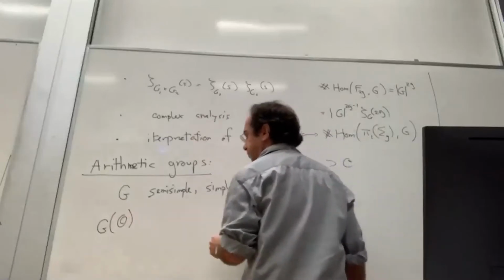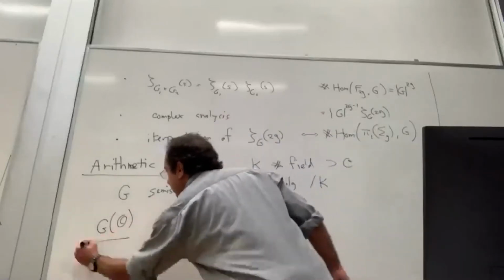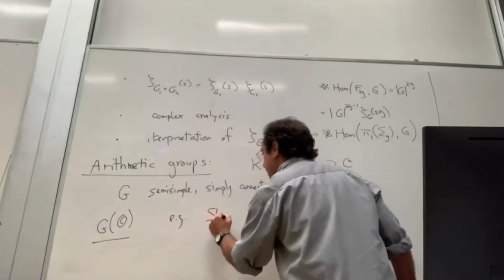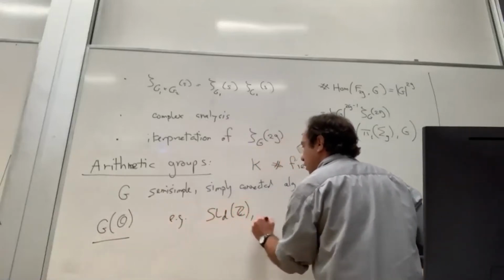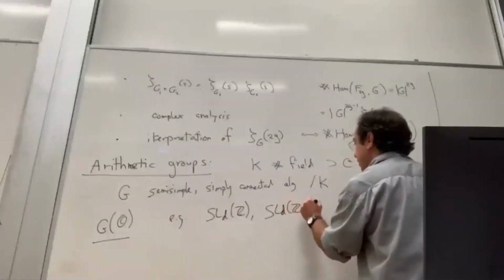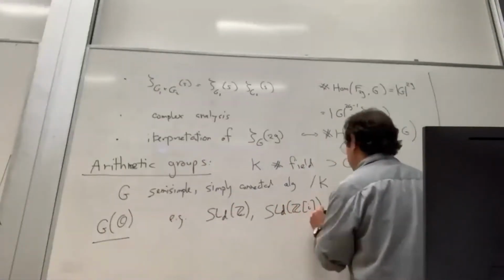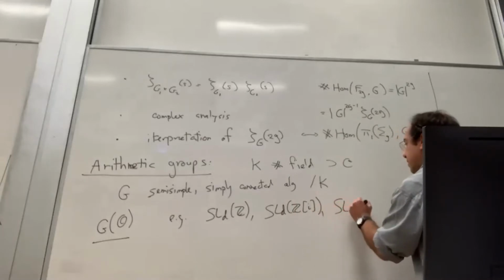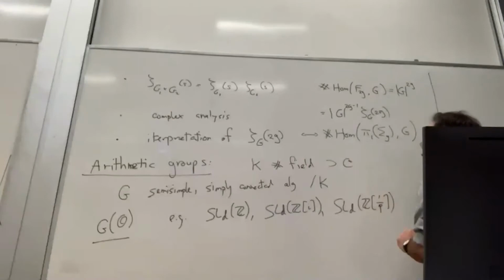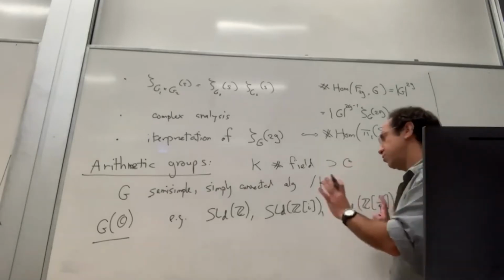So, for example, you can think about SL_d(Z), or say SL_d of Gaussian integers, or SL_d of Z where p is inverted. So this is what I mean by inverting certain primes. That's the freedom that we will allow ourselves. And I will be looking at the zeta function associated to these groups.